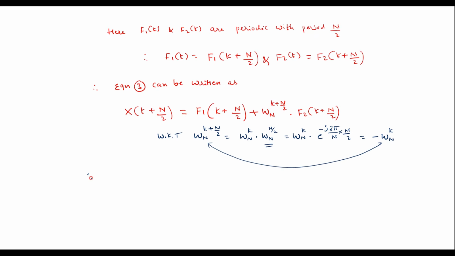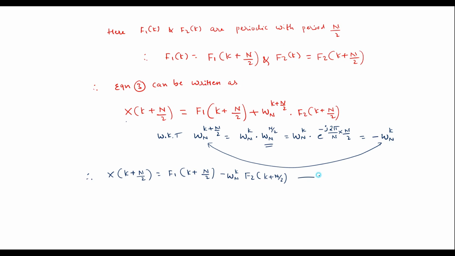So now I can represent this equation as X of k plus N by 2 is equal to F1 of k plus N by 2 minus W_N power k F2 of k plus N by 2.